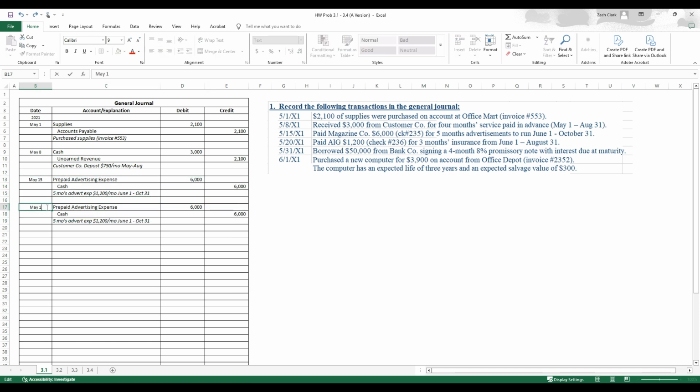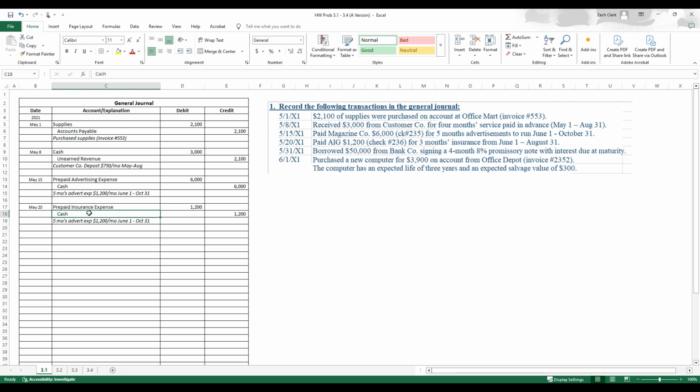Then we're going to come through and say May 20th, paid AIG $1,200 for 3 months insurance from June 1st to August 31st. So again, cash is being paid. This time it's $1,200. And it's not prepaid advertising expense, but now we've got prepaid insurance expense being recorded in this instance here.